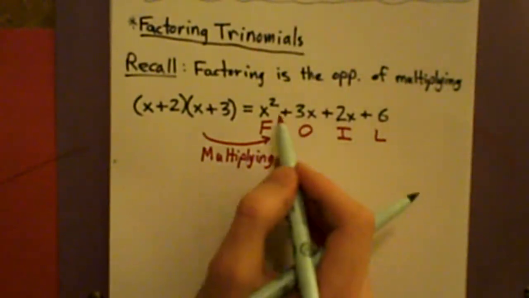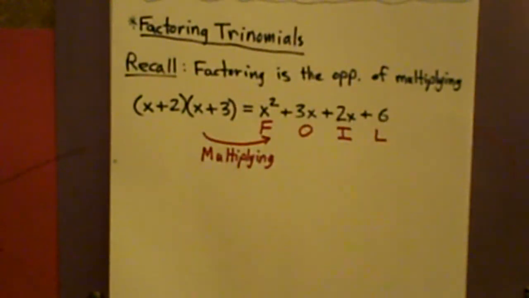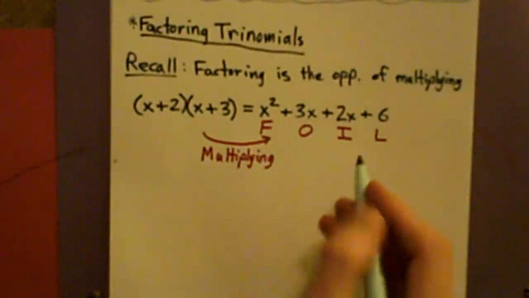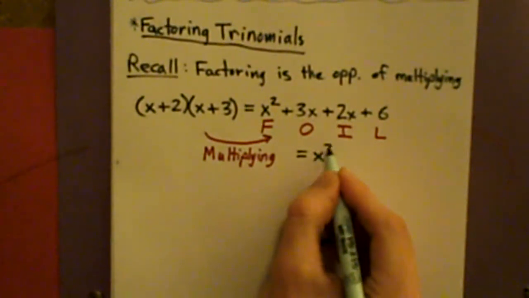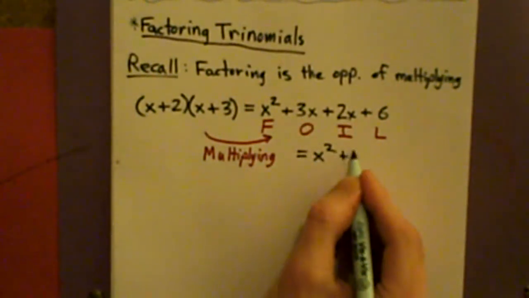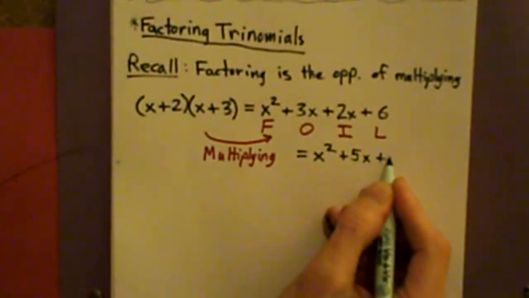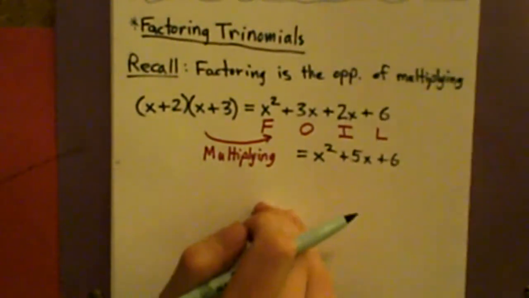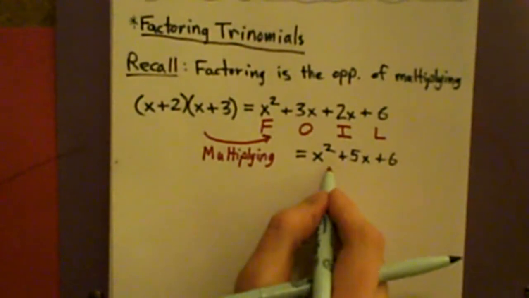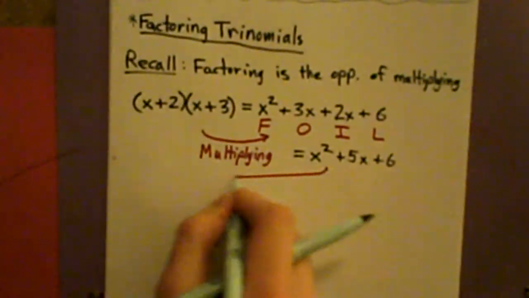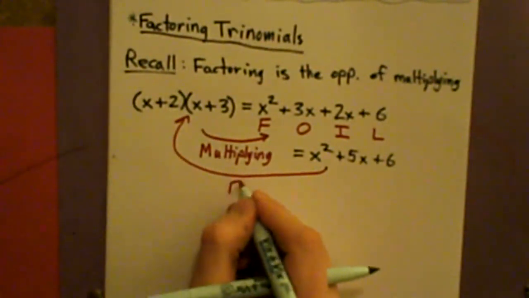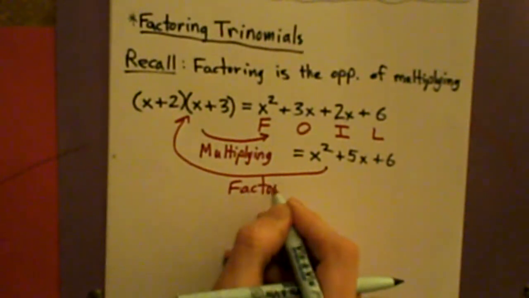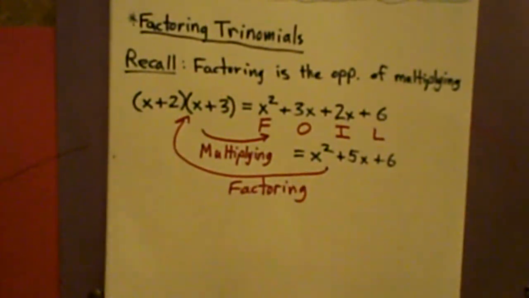We're going to take this product that we just multiplied out, which can be simplified: 3x and 2x add up to 5x, so x squared plus 5x plus 6. If we go from what we have here back to our product of two binomials, that process is what we call factoring. And that's what we're going to look at in this video, how to do.